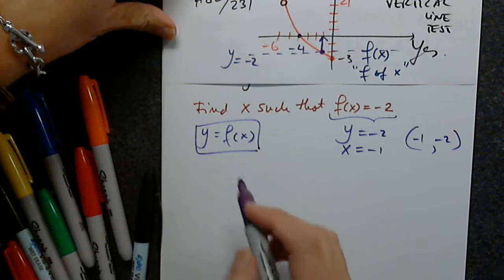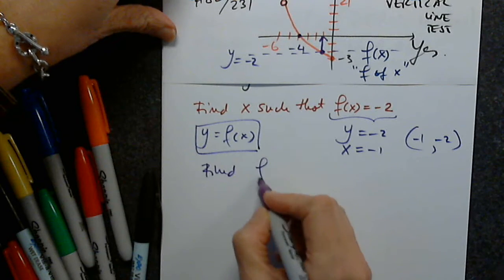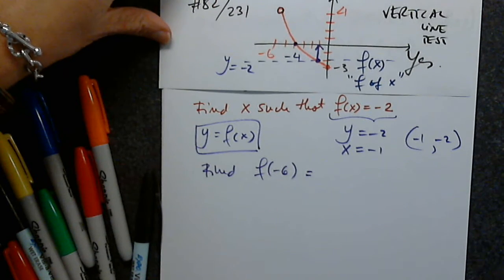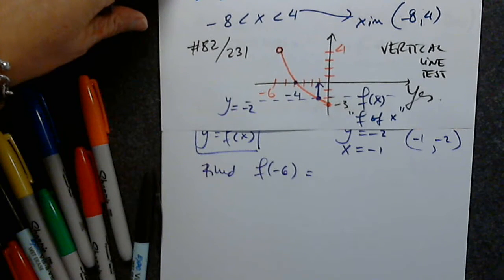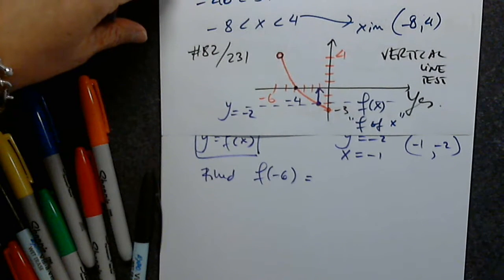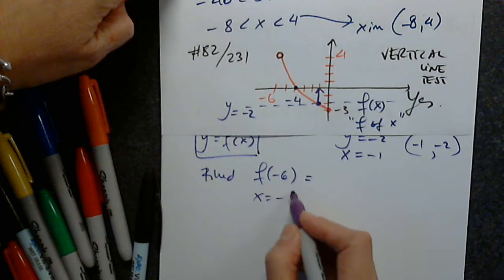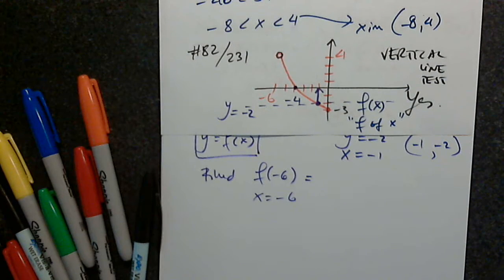Okay, what if I say find f of -6? What would you say? Good. So indeed, x equals -6, which is a vertical line. And how much is it?